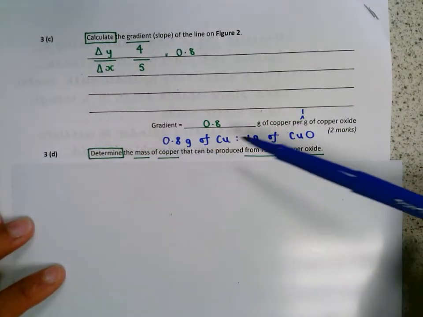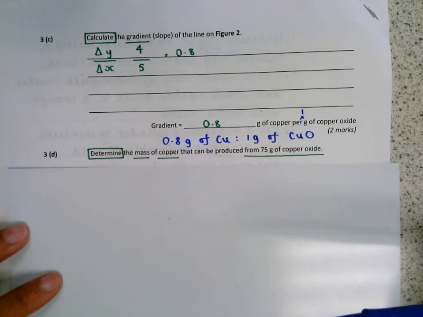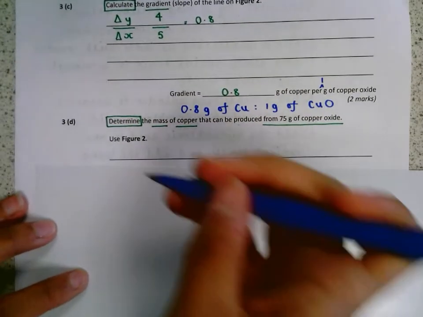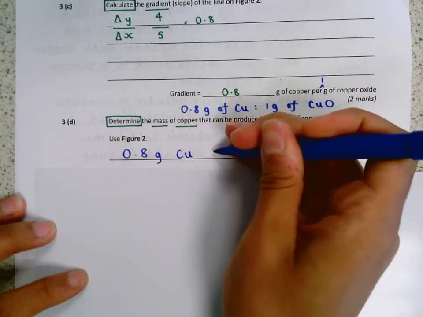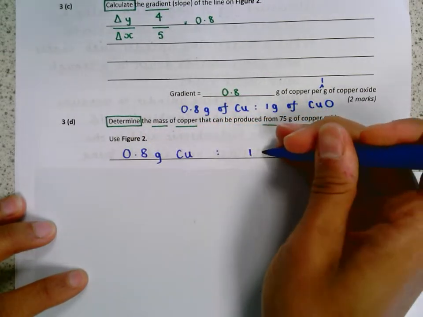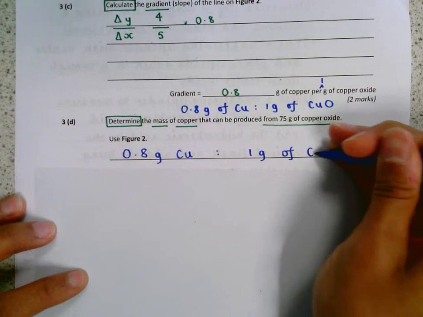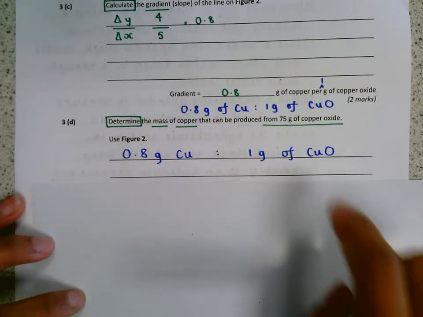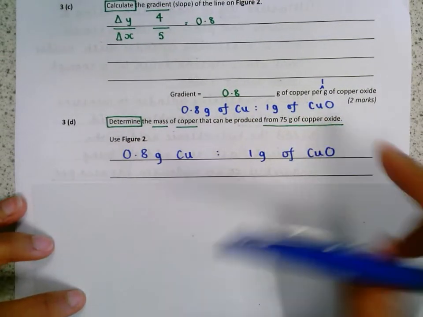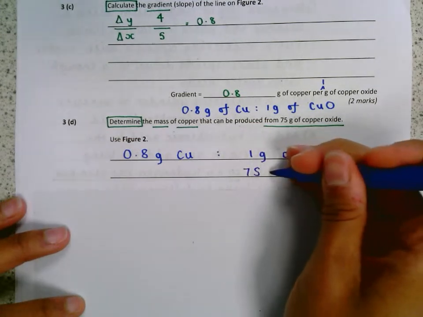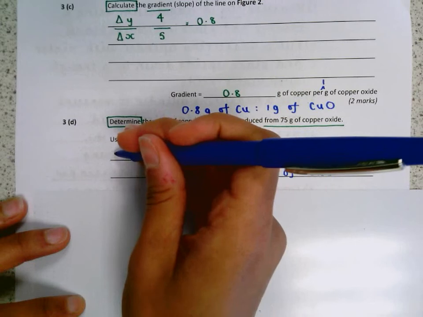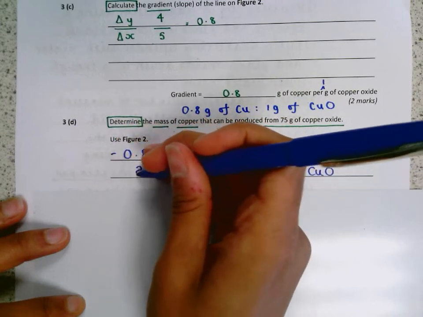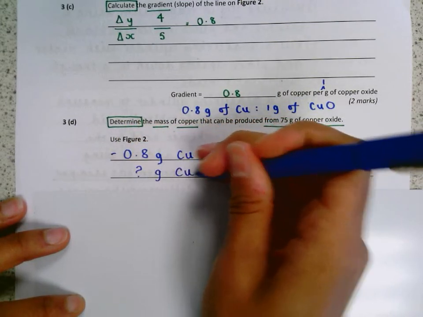Determine the mass of copper that can be produced from 75 grams of copper oxide. Okay, so again, we know 0.8 grams of copper to every 1 gram of copper oxide. So it's saying 75 grams of copper oxide. Well, if we have 75 grams of copper oxide, we need to know how many grams we have of the copper.